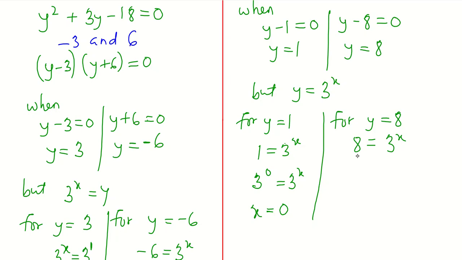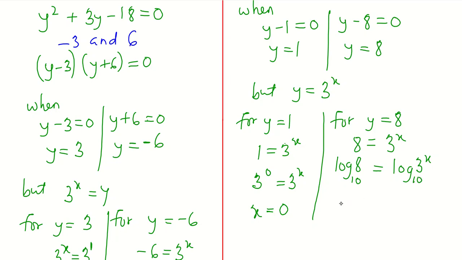So the only thing we can do here is to take logarithm of both sides. That is, the logarithm should be a base of 10, that's a common base, and the standard base. So it means that we can have logarithm of 8 to the base 10, which is equal to logarithm of 3 exponent x to the base of 10.